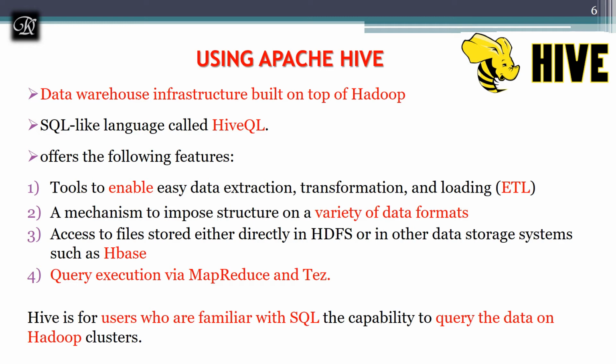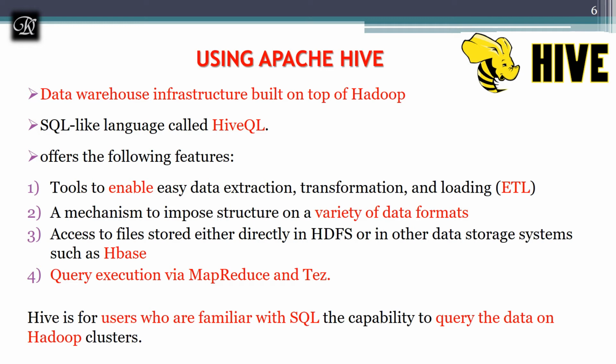Hadoop HDFS file system. And it provides access to the files stored either directly in HDFS or in other data storage systems such as HBase. HBase is the one which we are going to discuss at the end of this discussion. HBase is going to provide a mechanism where we can store the data in a similar way to how we store in the regular traditional RDBMS system.